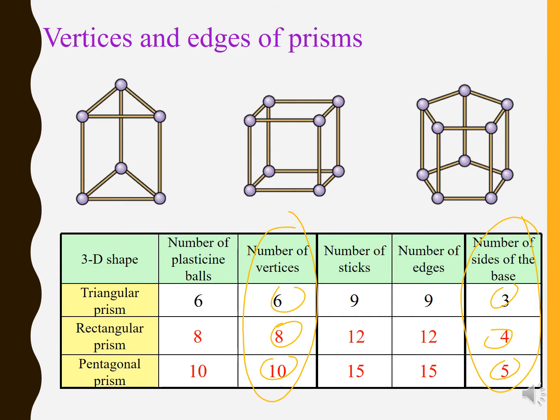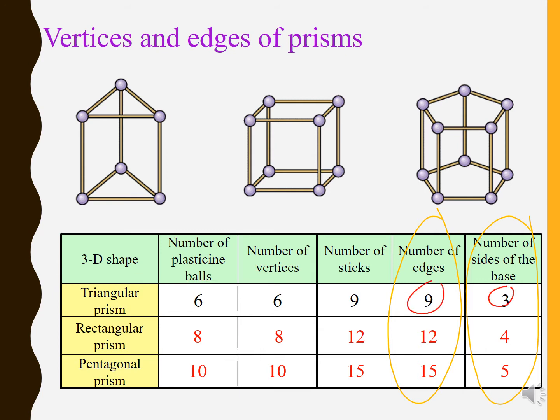Yes, the number of vertices is 2 times the number of sides of the base. What about the number of sides of the base and the number of edges? 3 and 9, 4 and 12, 5 and 15. Yes, the number of edges is 3 times the number of sides of the base.